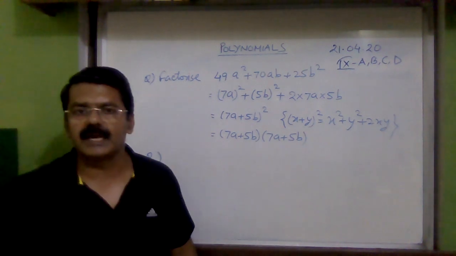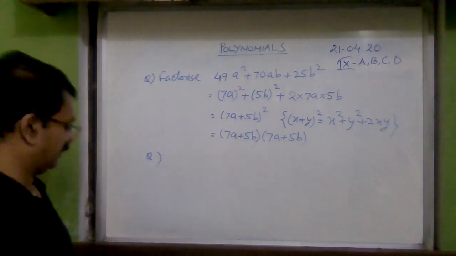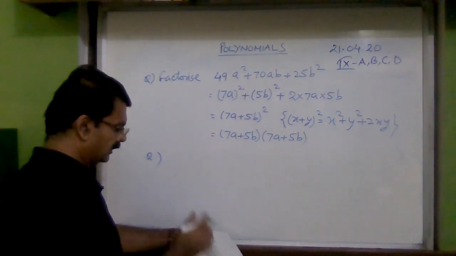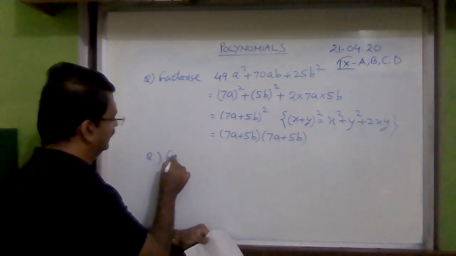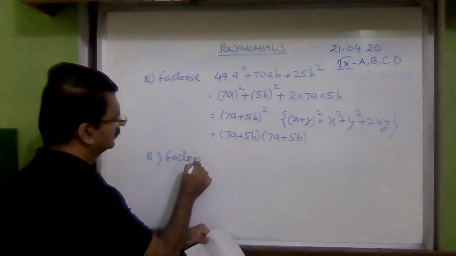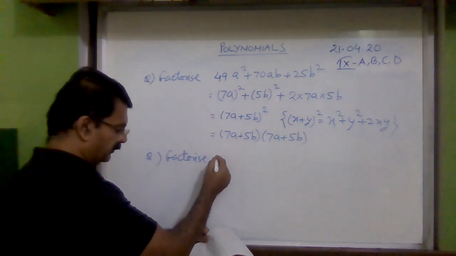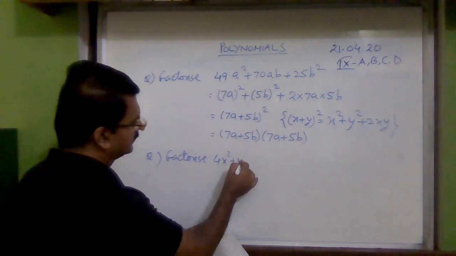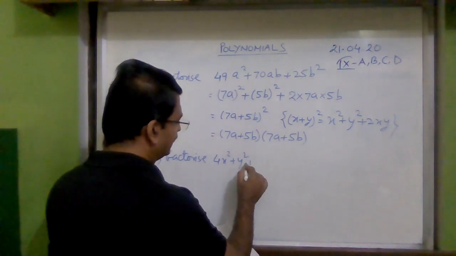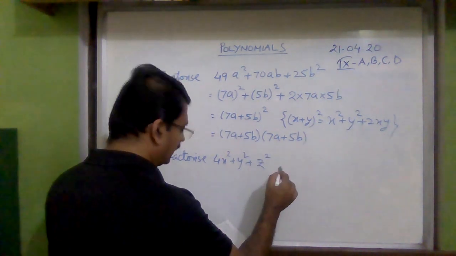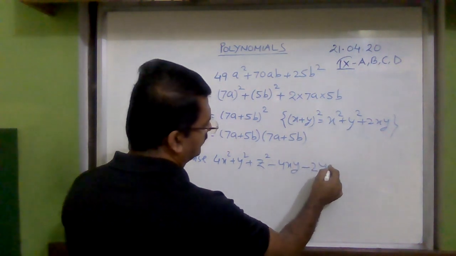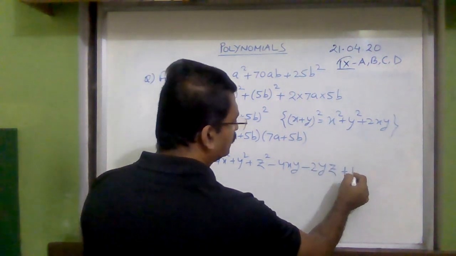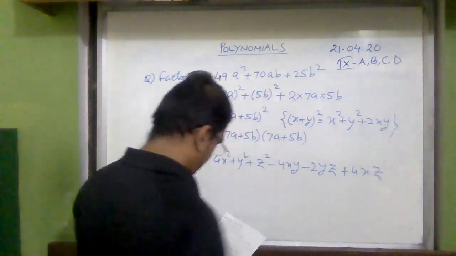Now one more example, and the example is: you have to factorize 4x square plus y square plus z square minus 4xy minus 2yz plus 4xz, like this.